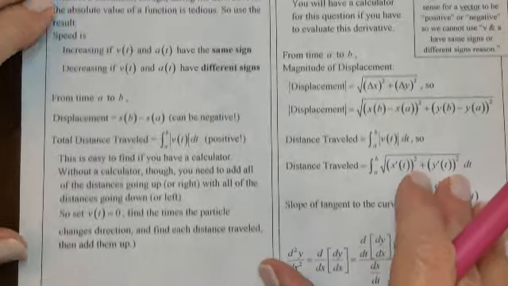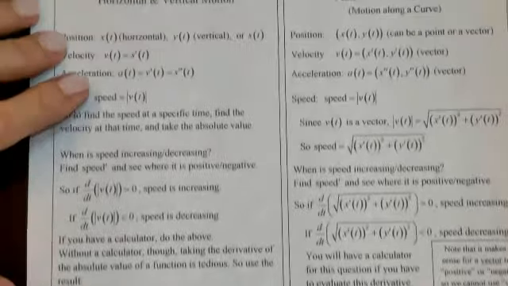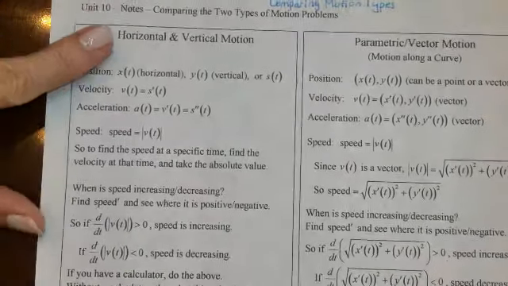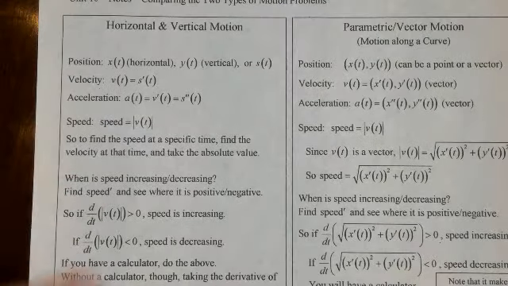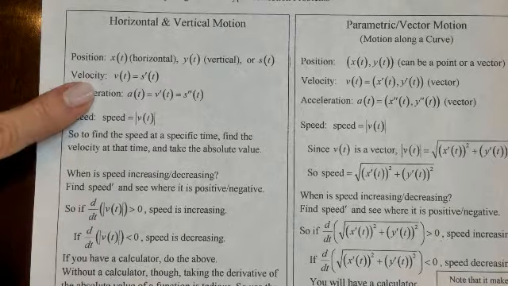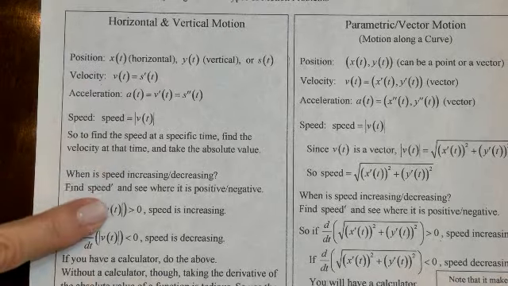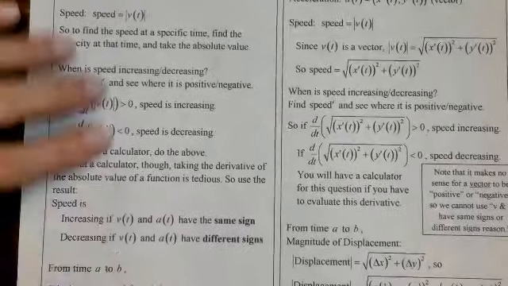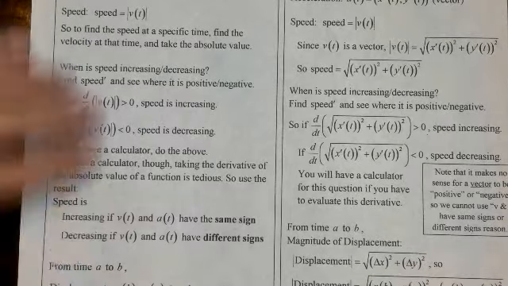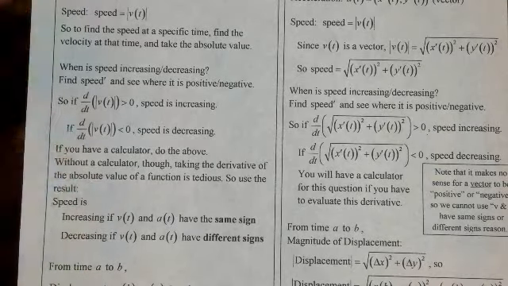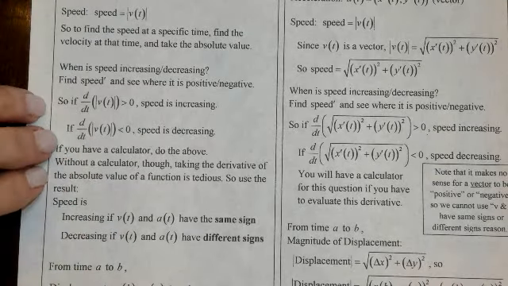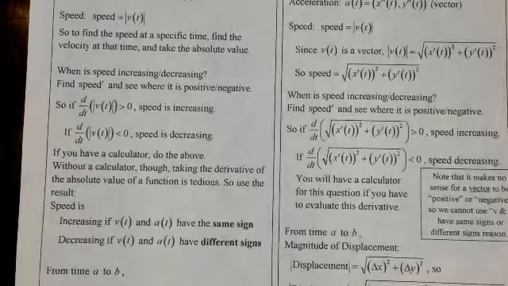All right, so horizontal and vertical motion, in a regular AP year, we cover this because these tend to show up in multiple choice questions. Regardless of this year, we would always cover this material because you will see these on multiple choice questions. Okay, let's take a look at some examples.